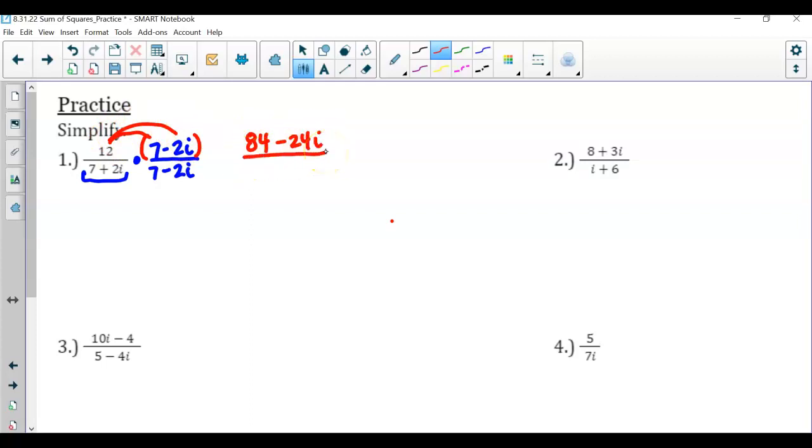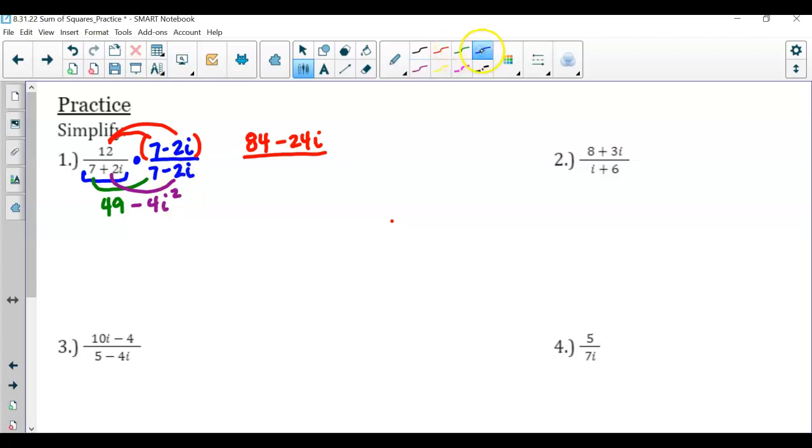Then here you could do the box method in the denominator, or we did talk about how you could multiply the terms to each other, because 7 times 7 is 49. And then here you have 2i times negative 2i, which is negative 4i squared.